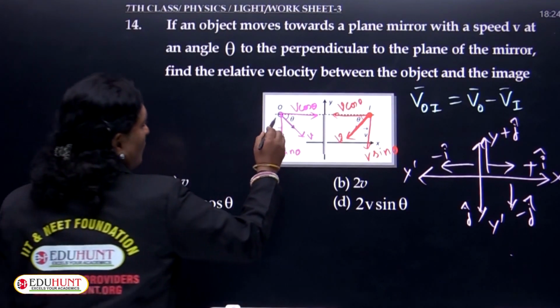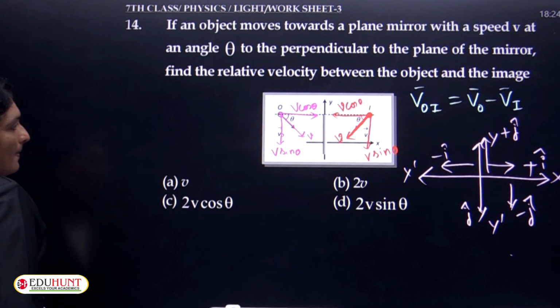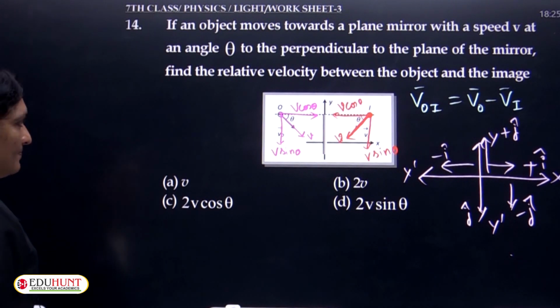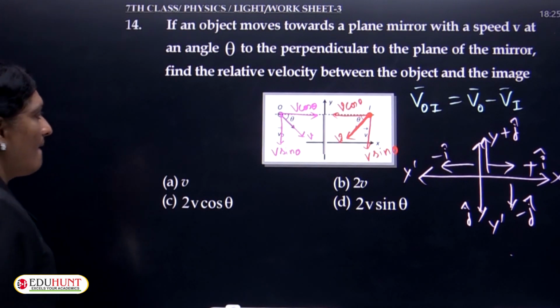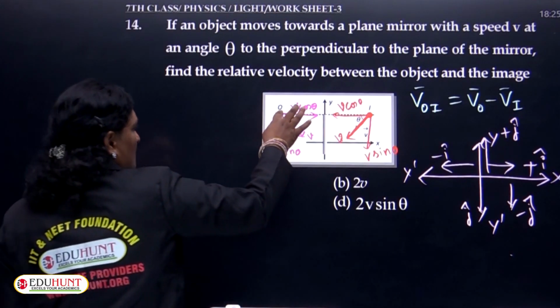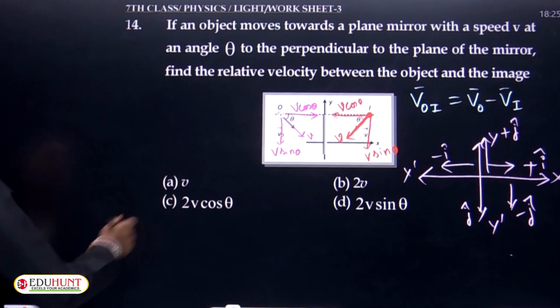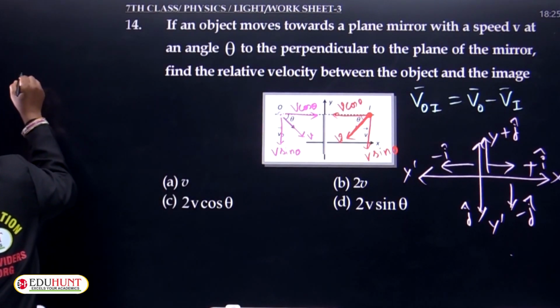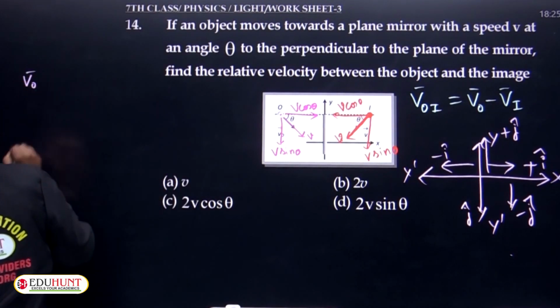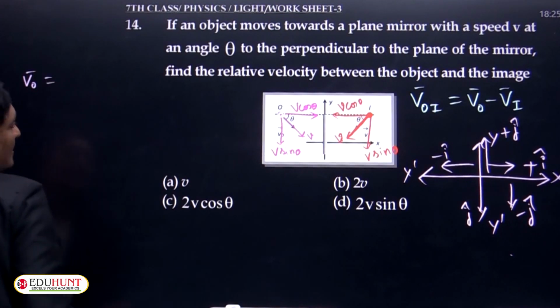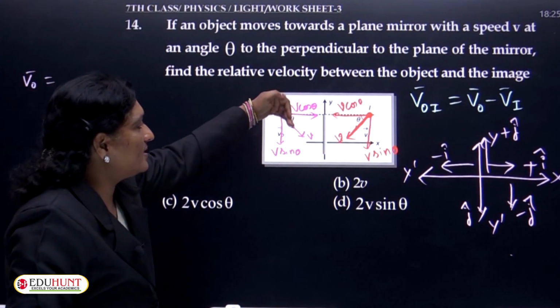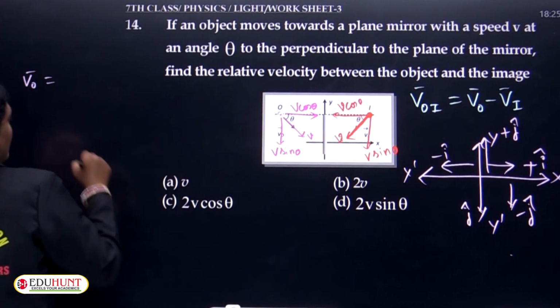First of all, let us focus only on the object. If you consider the object, the velocity of the object v0 can be given as a portion of this along horizontal and a portion of it along vertical.